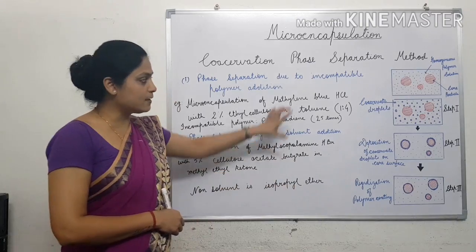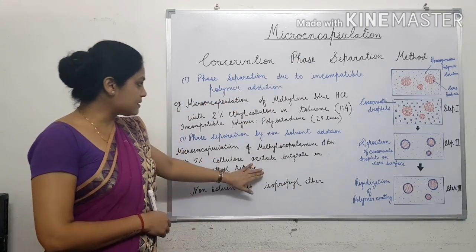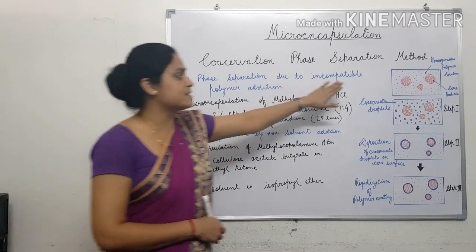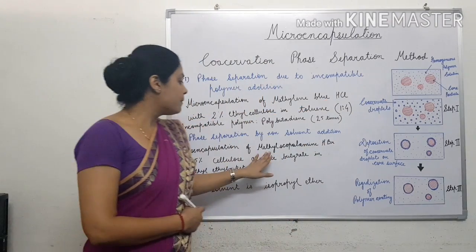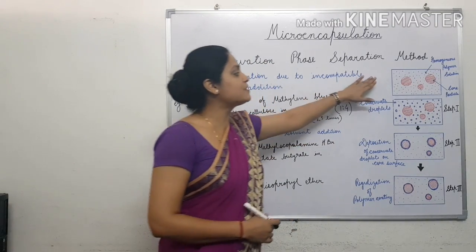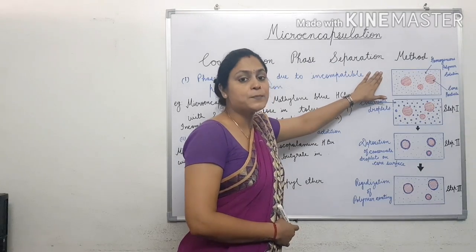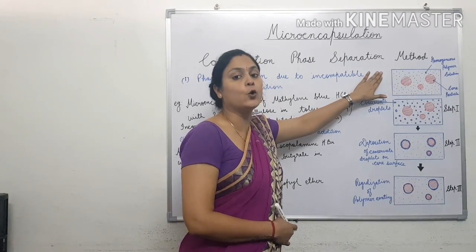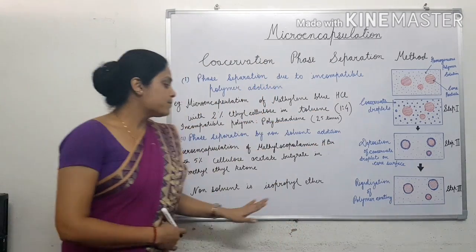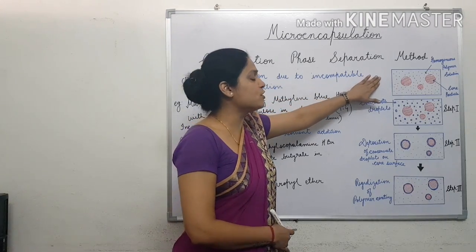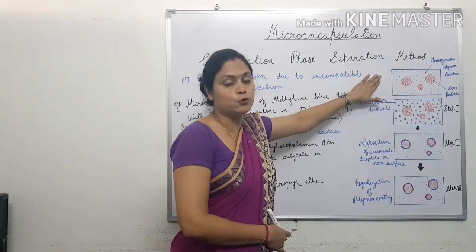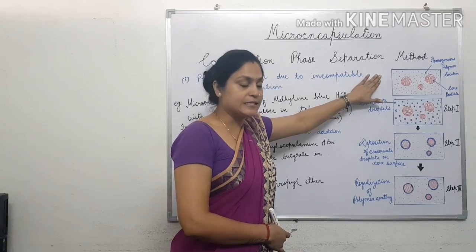Now again, the drug is present in the dispersed condition. Initially the drug, methyl scopolamine hydrobromide, is present in the dispersed state in a homogeneous solution of the coating polymer. Then the temperature of the system is increased up to 55 degrees Celsius.